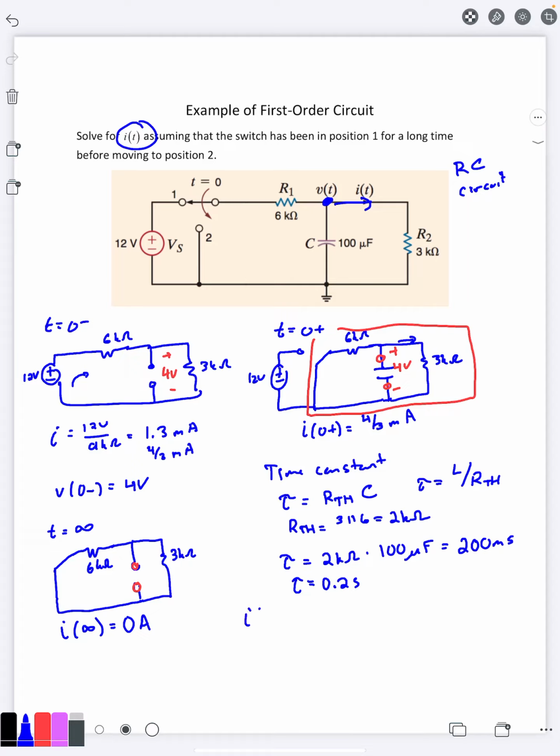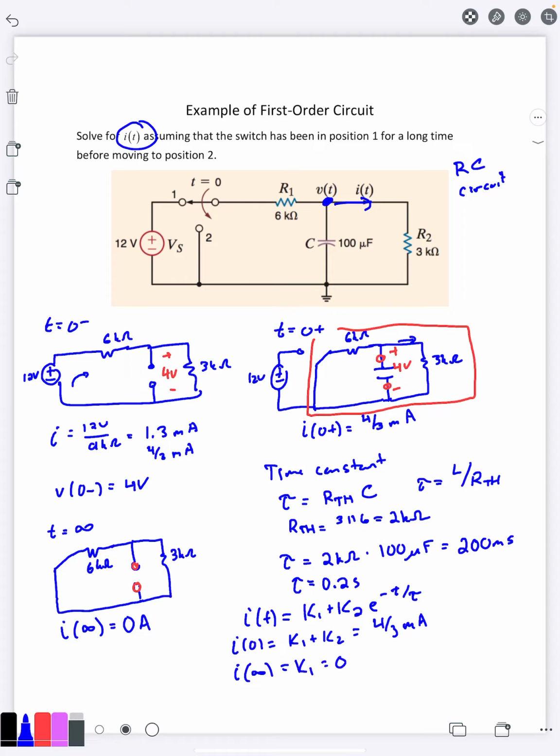Now we know that every time you solve a first order circuit, based on what we saw in the other video, it's always going to be K1 plus K2 e to the negative t over tau. If you plug in 0, you're going to get K1 plus K2, which you saw up there is 4/3. If we plug in infinity, e to the negative infinity goes to 0, it's going to be just K1 here.